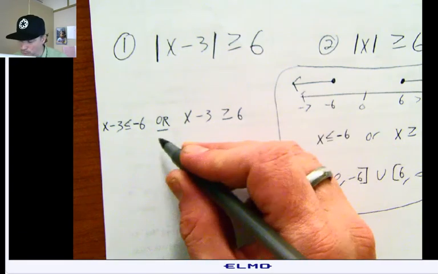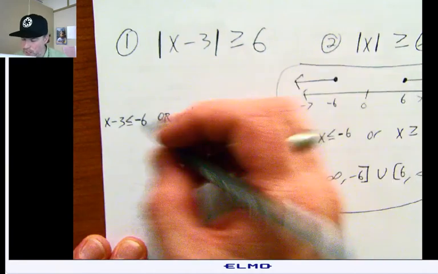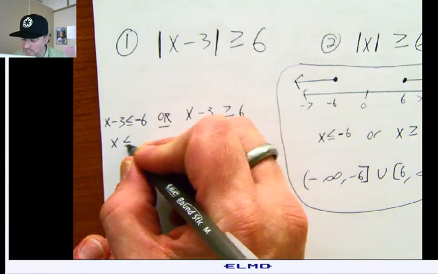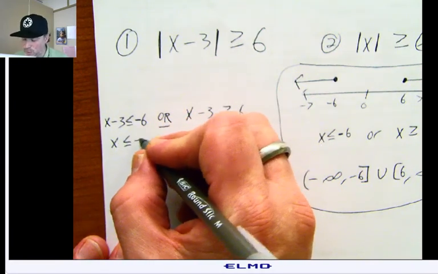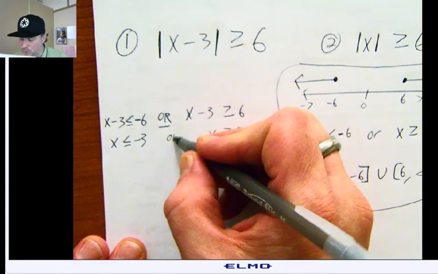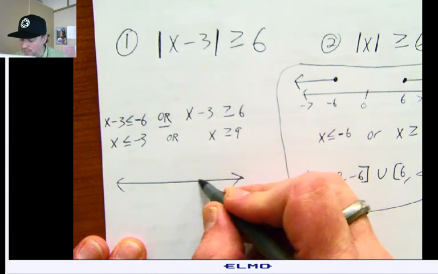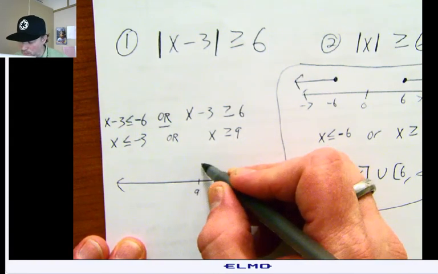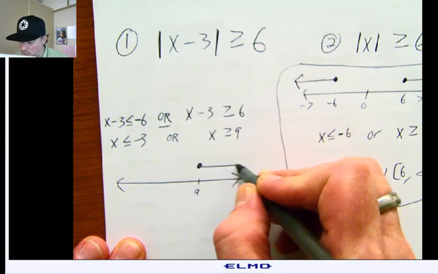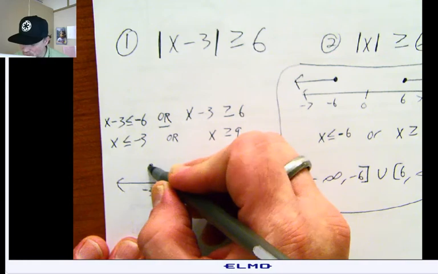And then add 3 to both sides of this inequality, and I get x is greater than or equal to 9. Add 3 to both sides of this inequality, and I get x is less than or equal to -3. And I still have this or statement. Graphically, either x is greater than or equal to 9, or x is less than or equal to -3.